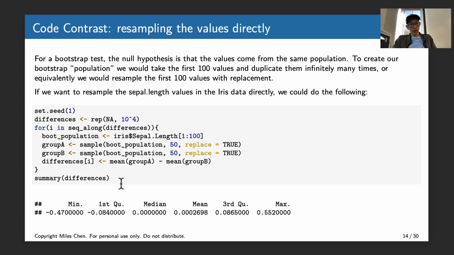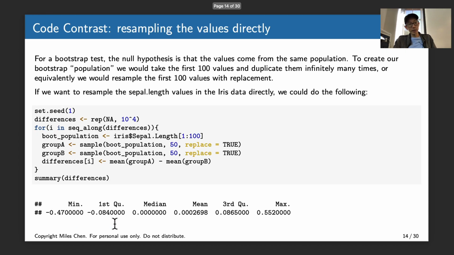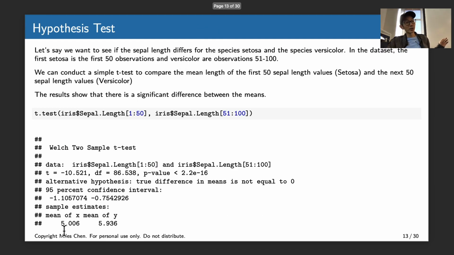So did I ever get a difference of negative 0.93, which is what I observed? No, that didn't happen. After 10,000 attempts, not once by random chance did I produce a difference as great as negative 0.93. And the fact that I observed a difference of negative 0.93 indicates to me that these two sets of values are not coming from the same population. Because how else could we produce this value?